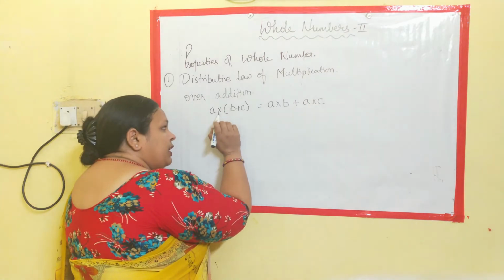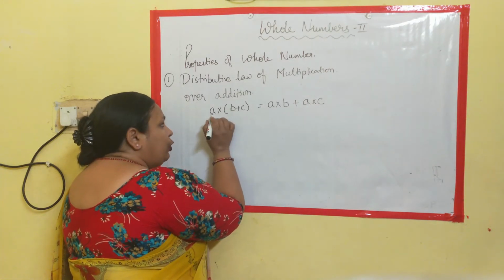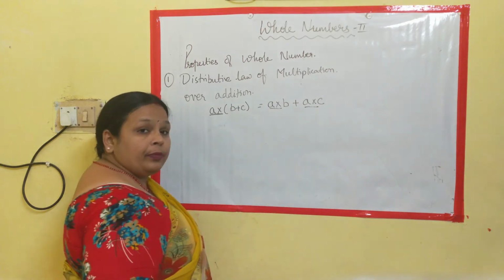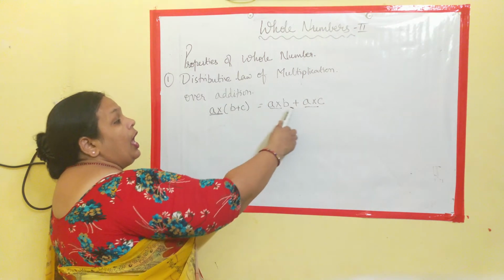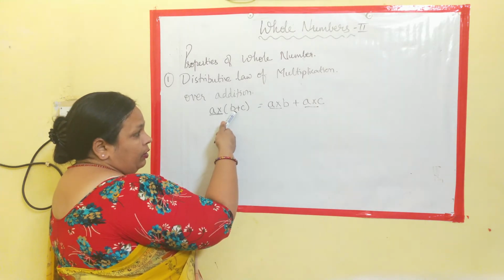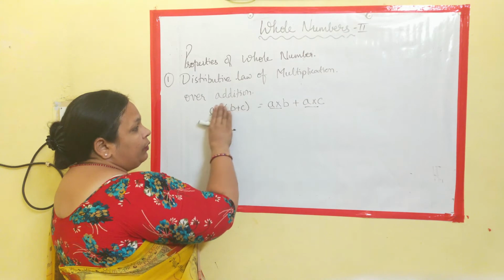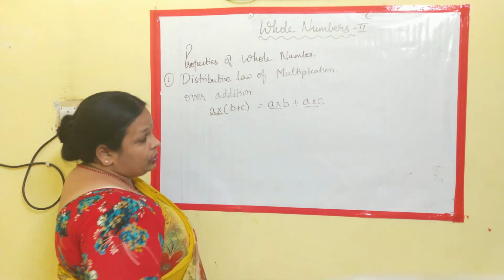See, first is multiply, the second one is addition. So multiplication A into this together is distributed here. See, we have plus in the middle, that is addition, and then plus is also available here. So A into B, forget about the other part, and then forget about the first part, that is plus A into C.